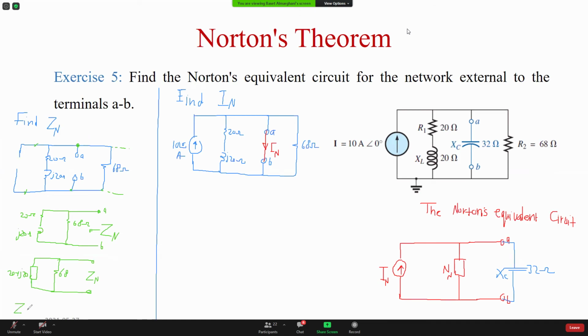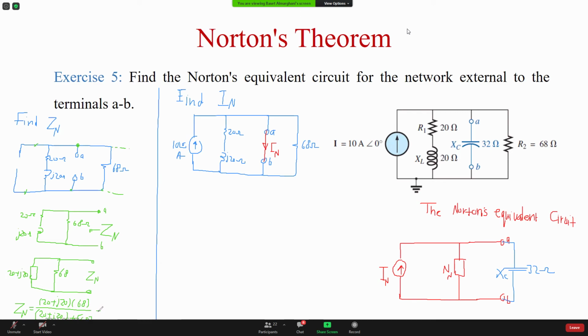So Zn here is the two elements in parallel. That one is 20 plus J20, multiplied by the 68, over 20 plus J20 plus the 68.